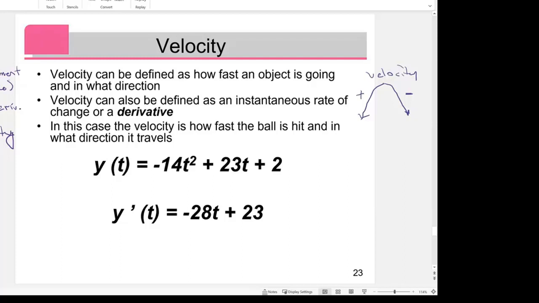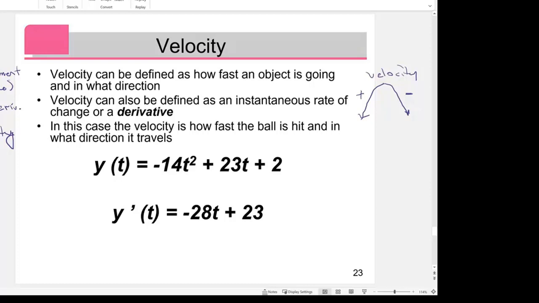Okay, so let's see what it says. Velocity can be defined as how fast an object is going and in what direction. So the plus and minus gives me direction. Velocity can also be defined as an instantaneous rate of change or a derivative. In this case, the velocity is how fast the ball is hit and in which direction it travels.